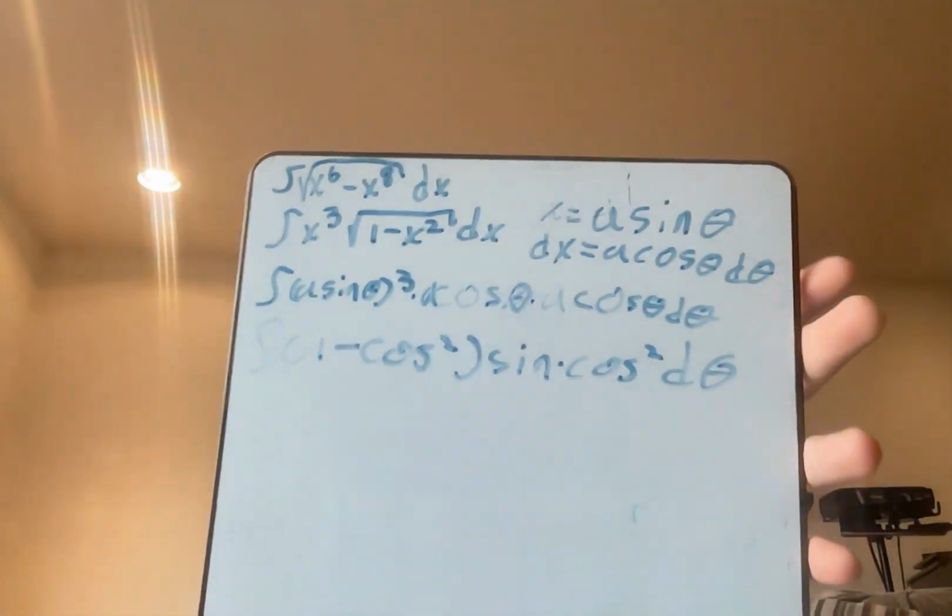We're going to pull a sine squared out from a sine cubed, and then rewrite sine squared as 1 minus cosine squared. So we have the integral of 1 minus cosine squared. Then there's still a sine left over, so times sine. And then we can combine the cosines, so we have times cosine squared, all d theta. So now we have that.